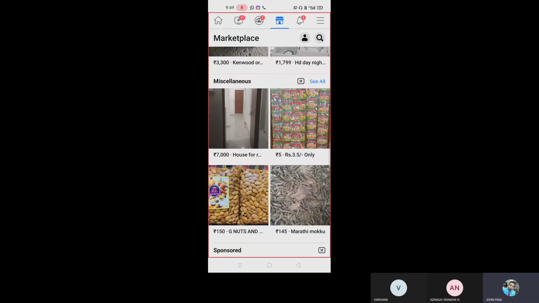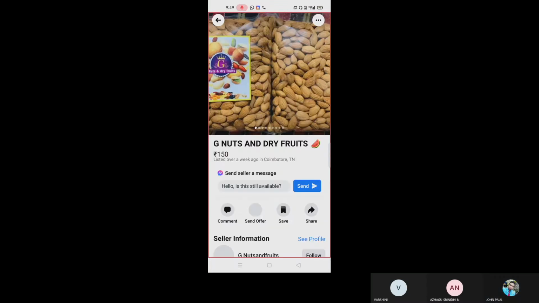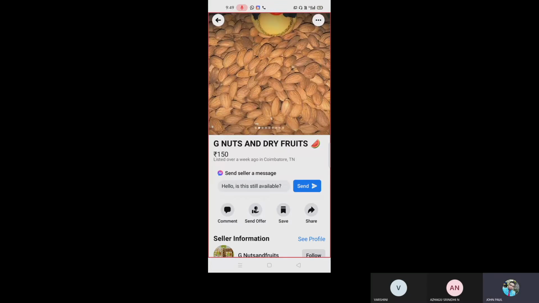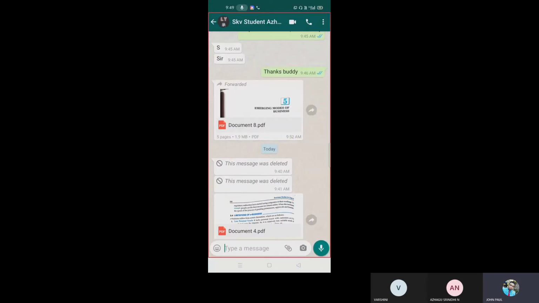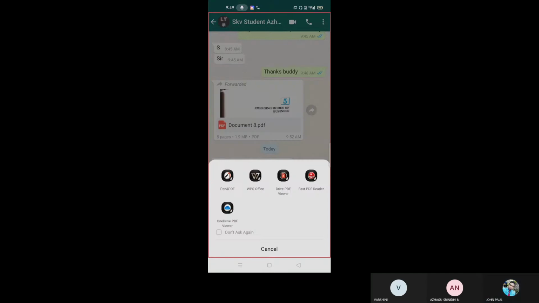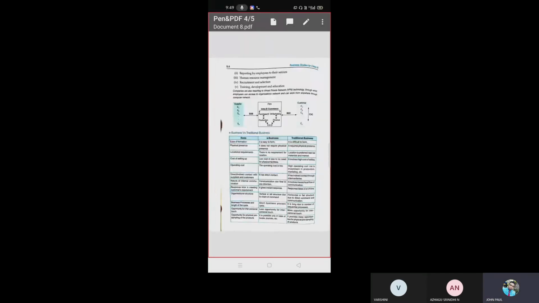Even they are selling badam. A lot of people have started doing this. I think you know very well, right? So there is no requirement of any physical setup. Only the product must be available in our hands so that we can easily advertise and sell.